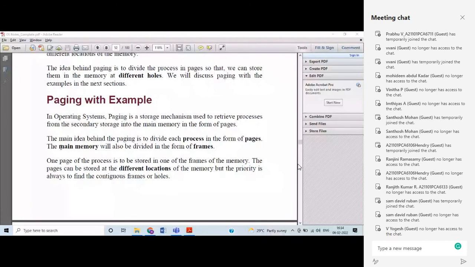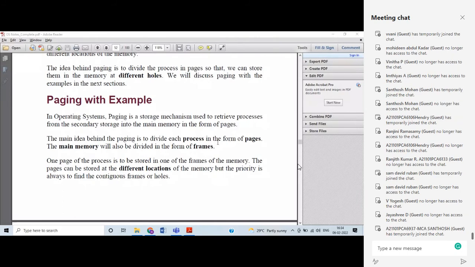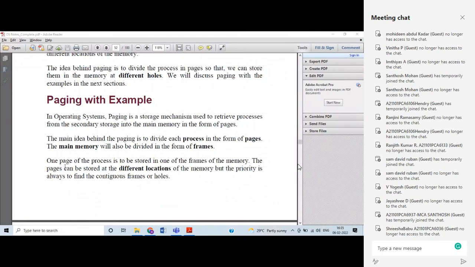So, paging with an example. The main idea behind paging is to divide each process into pages. The partition of the process is called pages, and the main memory is also divided into frames. The partition of the main memory is called frames, and the partition of the process is called pages.